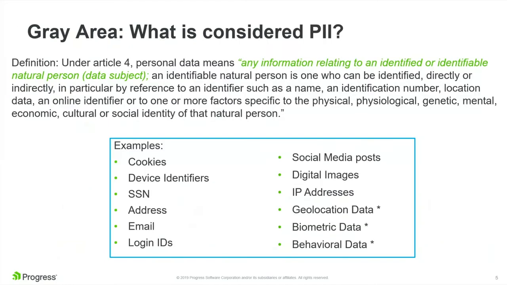Now, in GDPR, we frequently refer to PII. So what is considered PII? PII, or personally identifiable information, is defined under Article 4 of GDPR, meaning any information related to an identified or identifiable natural person, also known as a data subject.